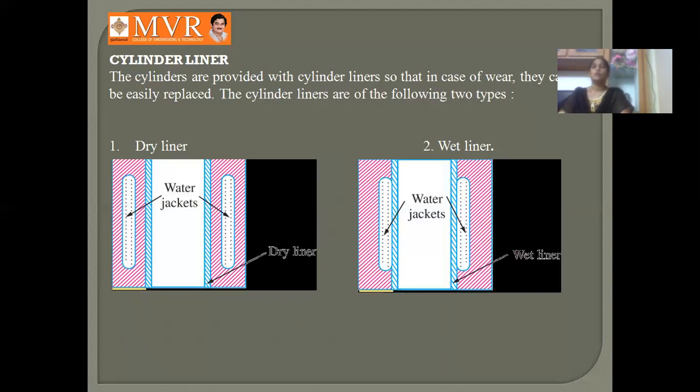How will we find the design process of journal bearing? We will find the pressure. Pressure P is equal to load by area. Area means L into D. To find the pressure, we will find the L by D ratio from the data book, and from the L by D ratio we will find Zn by P using the data book.